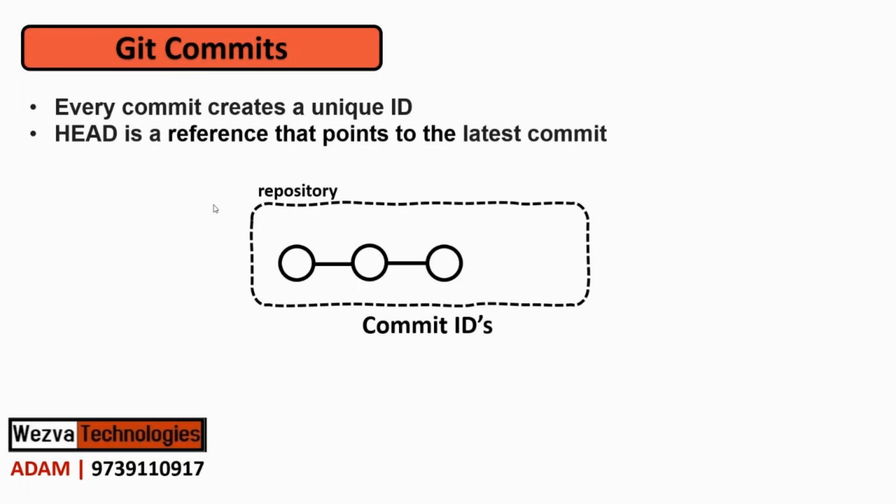Now, when I say commit ID, how is it generated? It is not only from the content. It is actually what we call a checksum. If you don't understand what a checksum is, when you add files into the staging area, Git will take not the files, but the difference between what was earlier available and what you have modified.